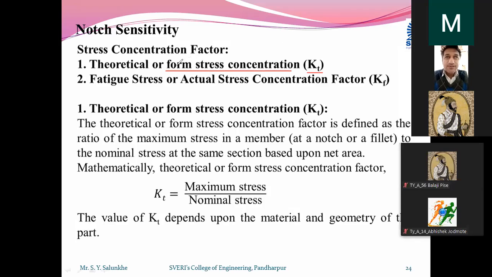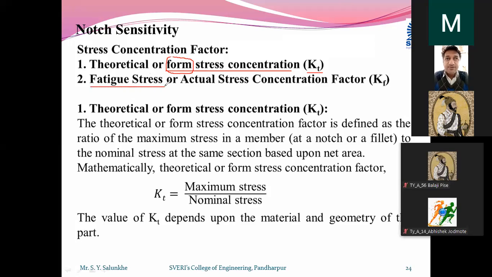The form stress concentration arises from irregularity in geometry, that is, in form. Based on that, we have values in the standard design data book, and these values are taken as the theoretical stress concentration.